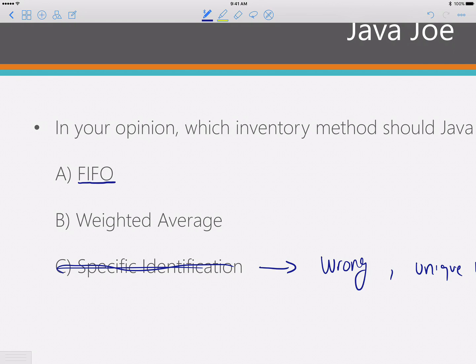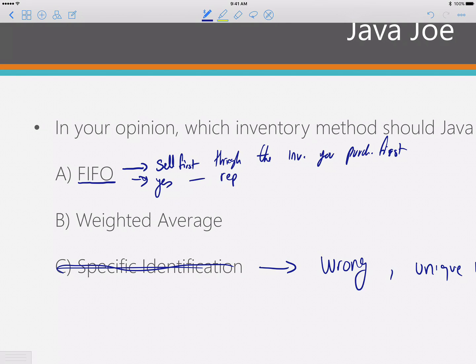FIFO is first in, first out, meaning that you sell first through the inventory you purchased first. So let's think, is this representative of their operations? Well, yes, this is very representative.